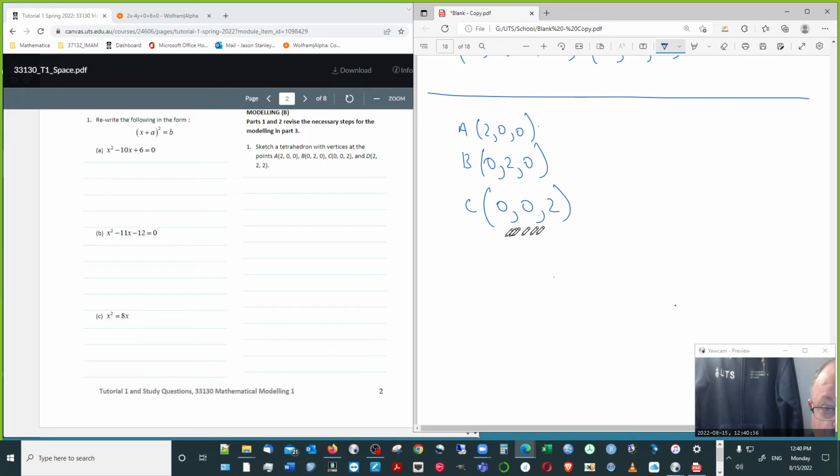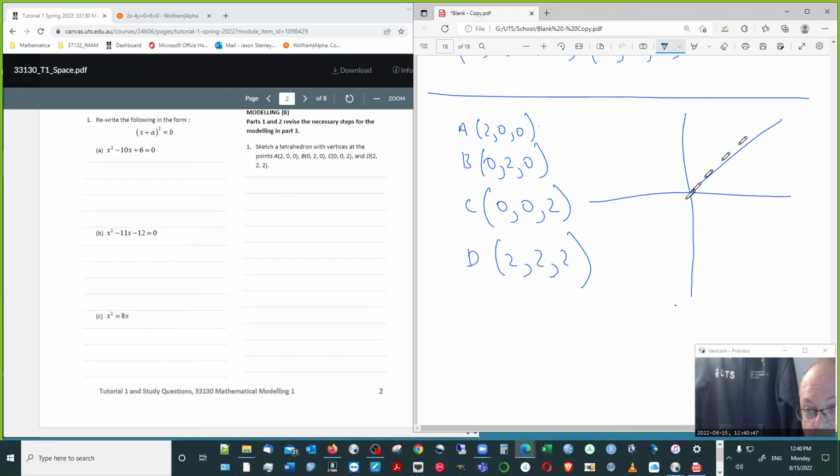How do I know that? Because that one's not. They're all sitting on axes because this should be fairly easy to draw. A is 2, 0, 0, so A is there. B is Y, so it's there. C is on Z, so this is a tetrahedron. This is what's called a tetrahedron.